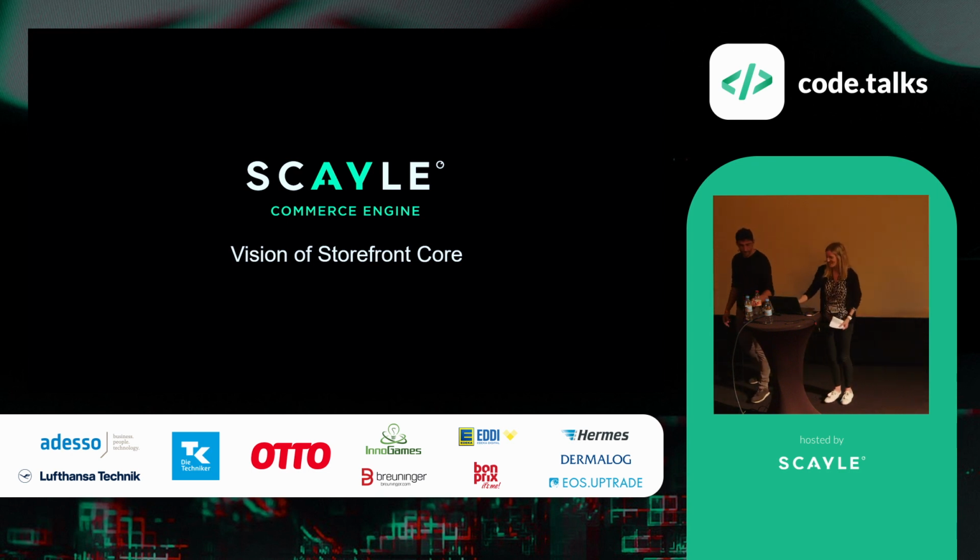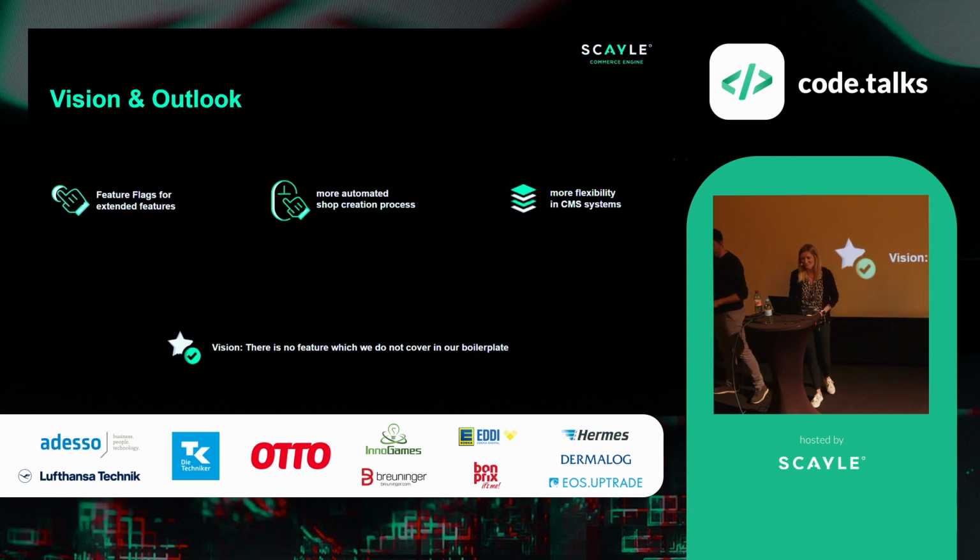Yeah, thank you, Juan. So of course, the demo shop and the Storefront Core is already in a very good shape in our opinion, but there's always room for improvement. And we have some ideas in the backlog as well, and one would be to create a feature flag for extended features, what you have seen in the examples Juan mentioned just before.